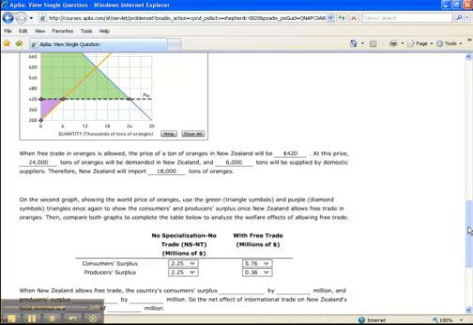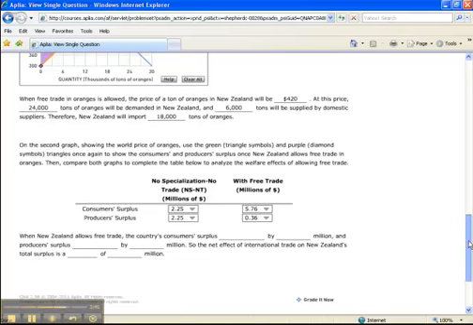So therefore, when we look at this country's consumer surplus, it went from 2.25 up to 7.76, so we actually increased it by 5.76 minus 2.25, which gives us $3.51 million.